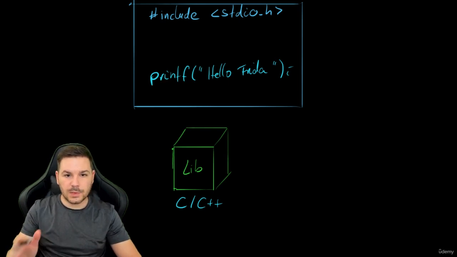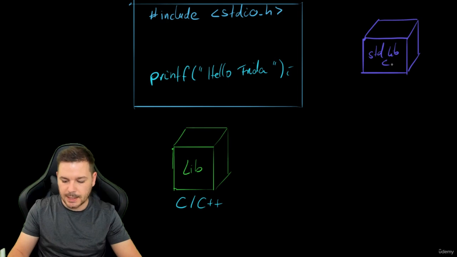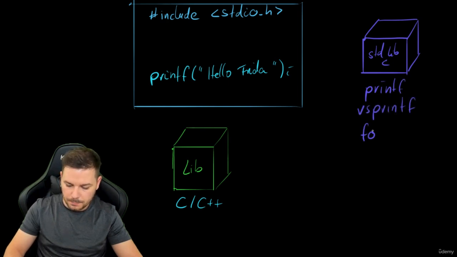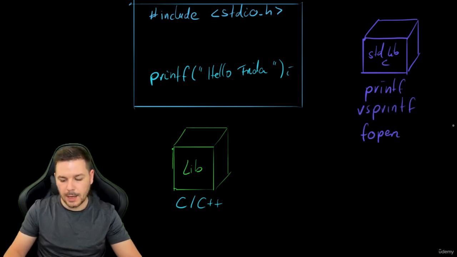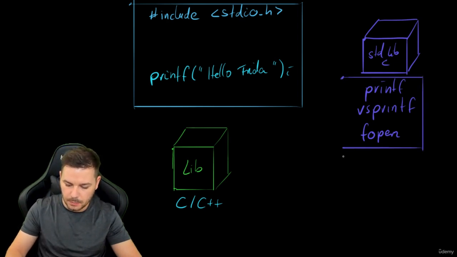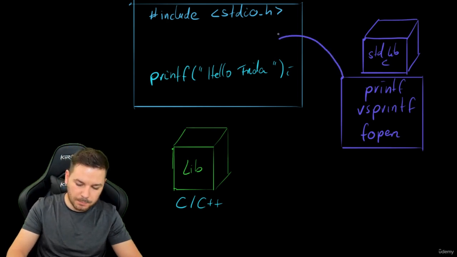So this means we now have our standard library, the standard libc, and this one is defining all these functions, for example printf, fopen, and more. All these functions are defined in this library, and they can now be imported into our program.